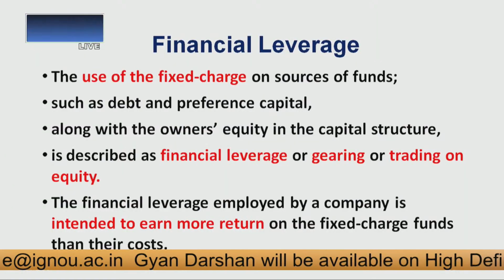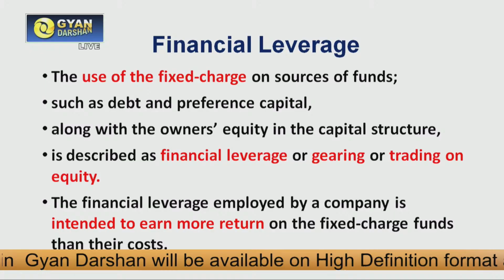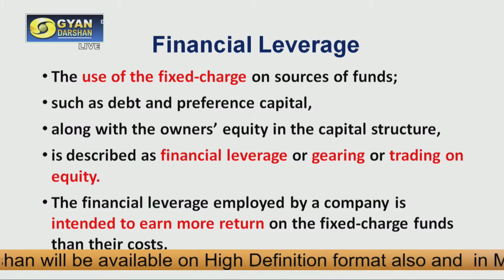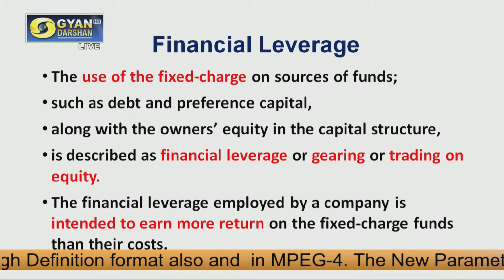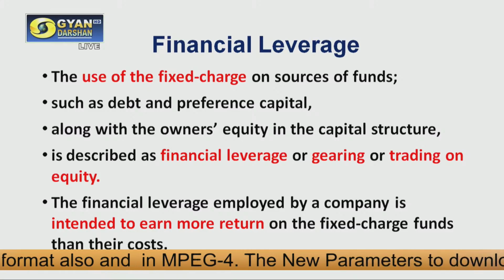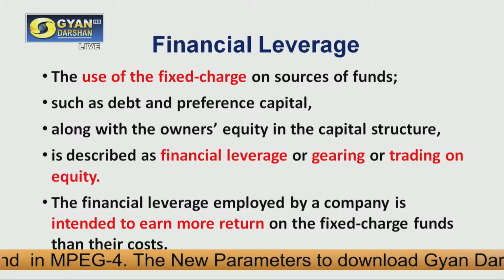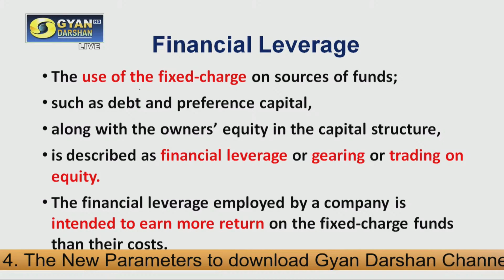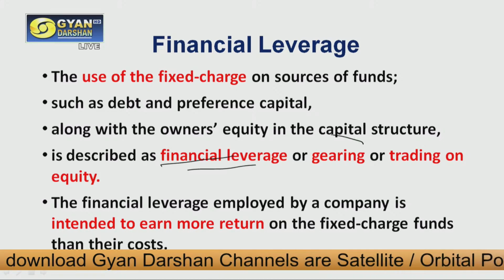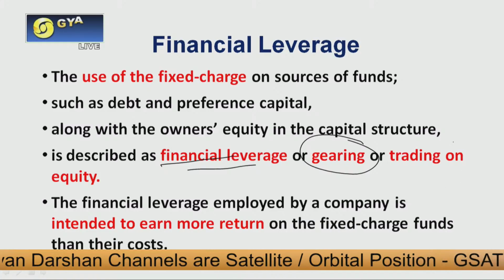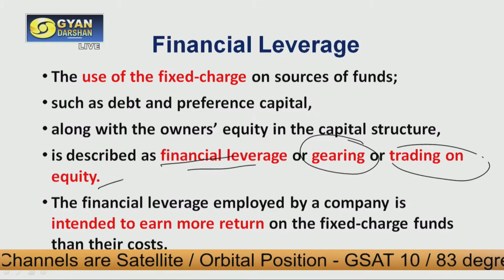So I can say here that financial leverage is the use of fixed charge on sources of funds. For example, we are using debt or maybe preference capital along with equity shares in our capital structure. The use of fixed charge may be defined as our financial leverage. Financial leverage may also be known as gearing or trading on equity, right?